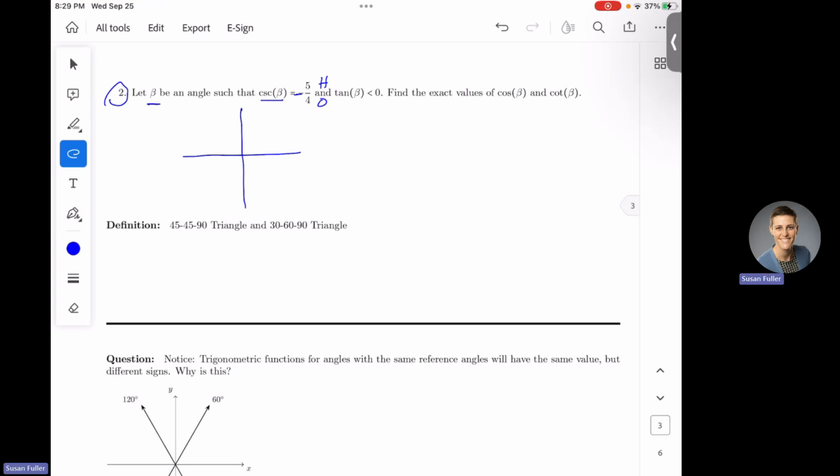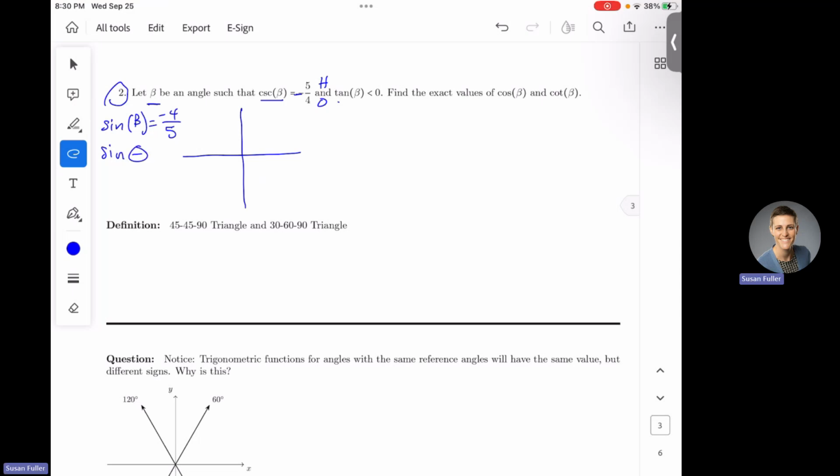Well, if cosecant is negative 5/4, and I know that my hypotenuse is 5 and my opposite is negative 4, then I know what the sine of beta is, right? The sine of beta is going to be the reciprocal of that. It's going to be negative 4, my opposite side, over my hypotenuse of 5.